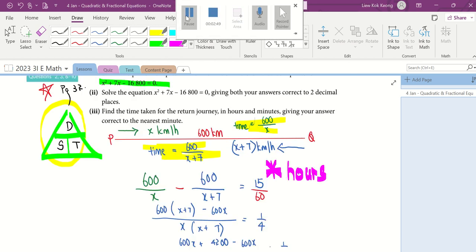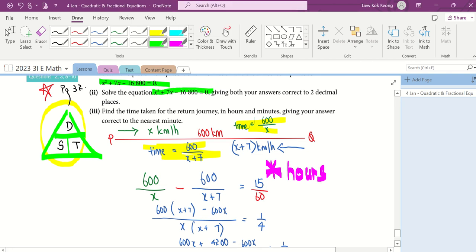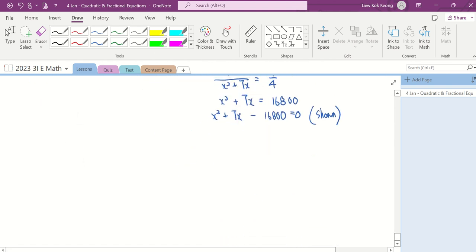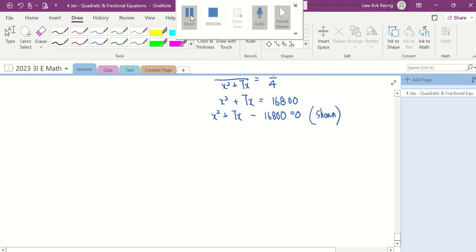So after you have shown, or even if you cannot show, please remember to use the quadratic equation given in the question to solve and give your answer to 2 decimal places. But use 4 decimal places before you round off. So let's do that now.